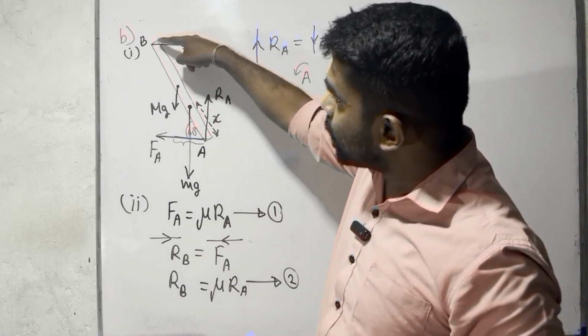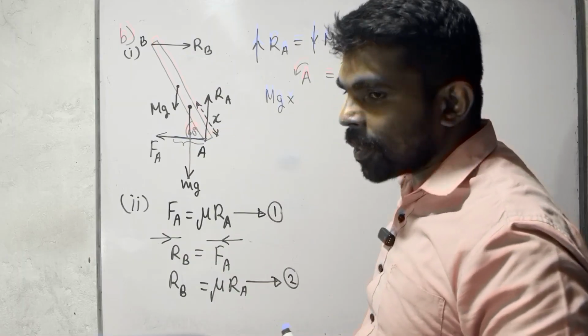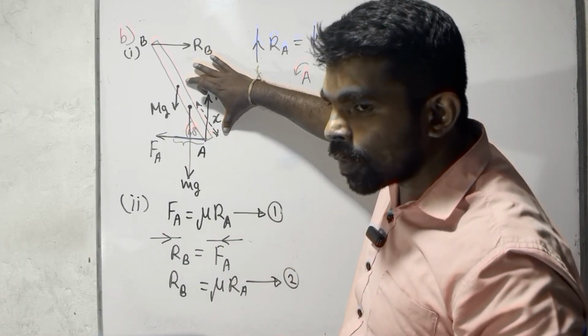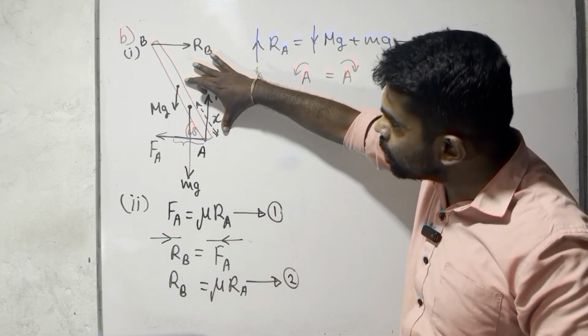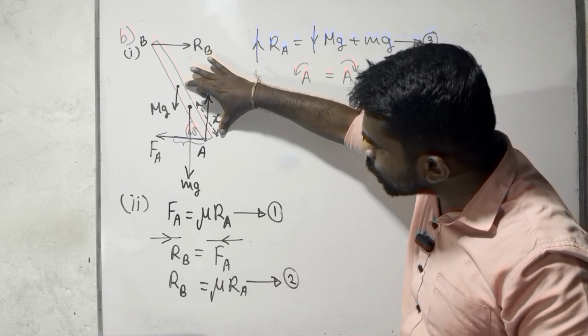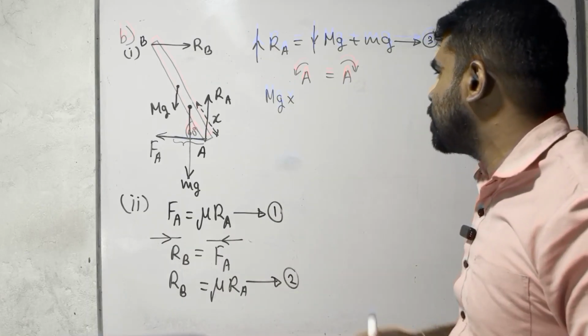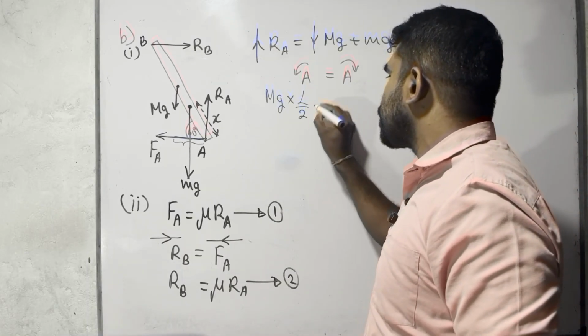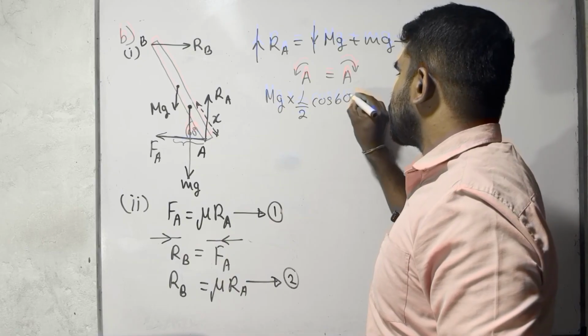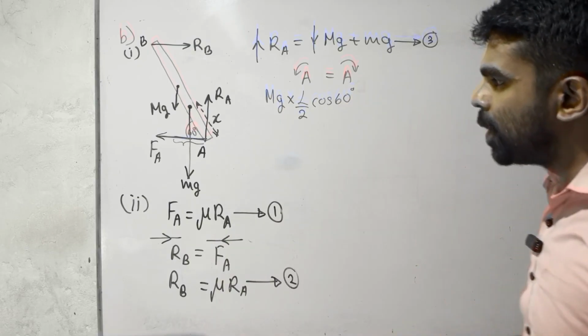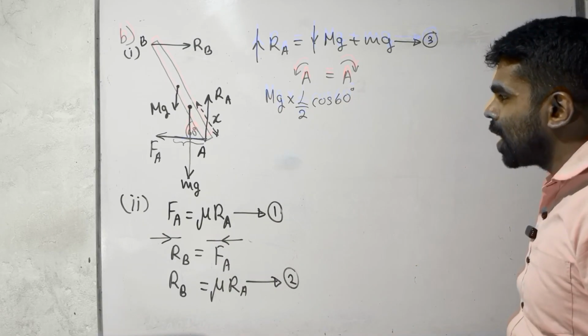We know that total length of ladder is capital L. This one is L over 2. It is a uniform rod. L over 2 is the hypotenuse. We have to find the adjacent. Then we can write it is L over 2 cos 60. For the relationship between adjacent and hypotenuse, we have to write the cos ratio.